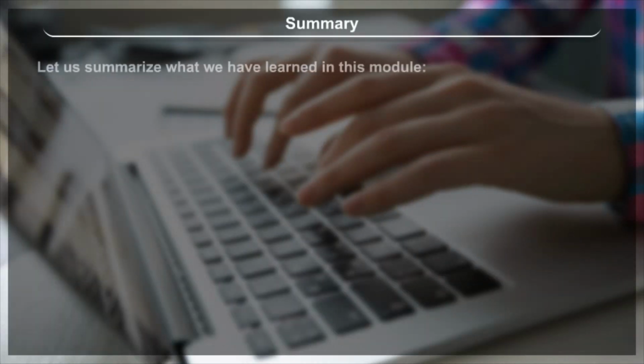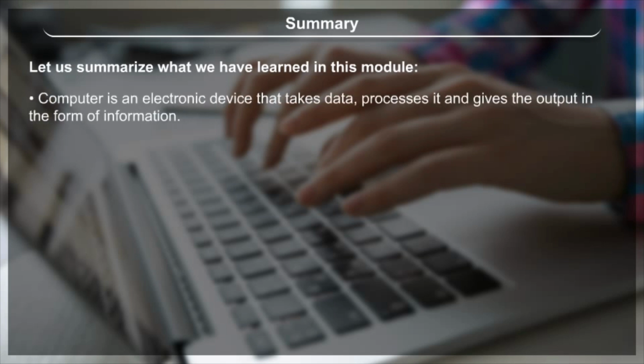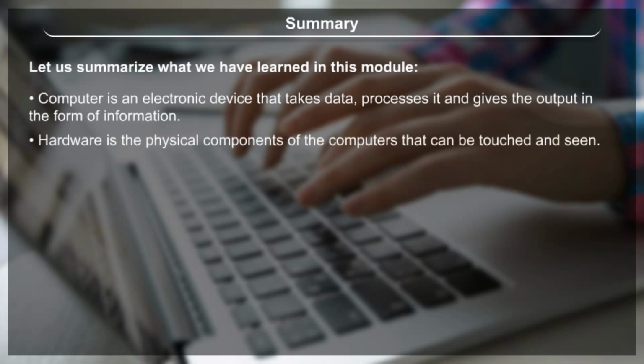Summary. Let us summarize what we have learned in this module. Computer is an electronic device that takes data, processes it, and gives the output in the form of information. Hardware is the physical component of the computer that can be touched and seen.